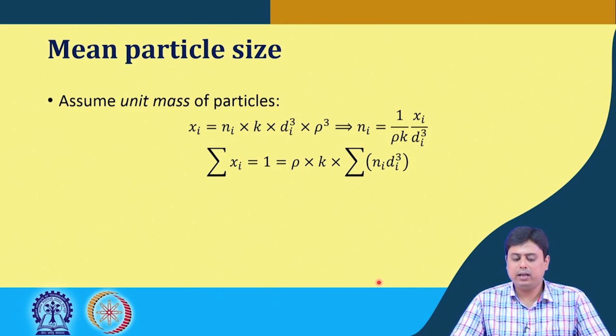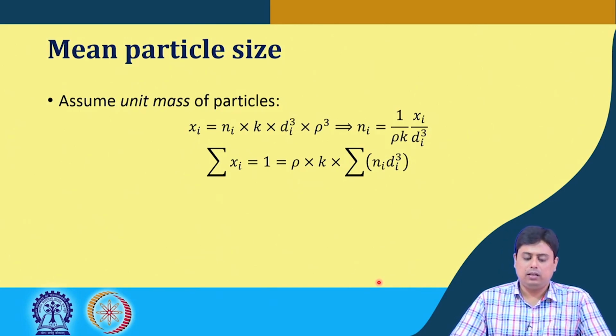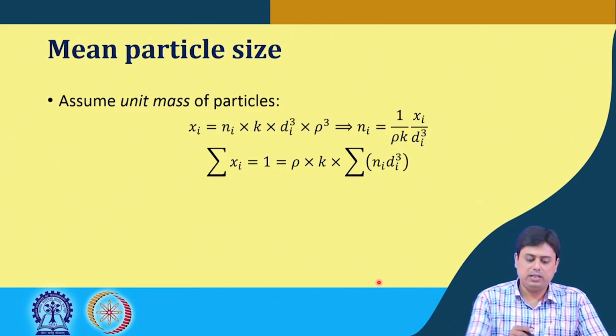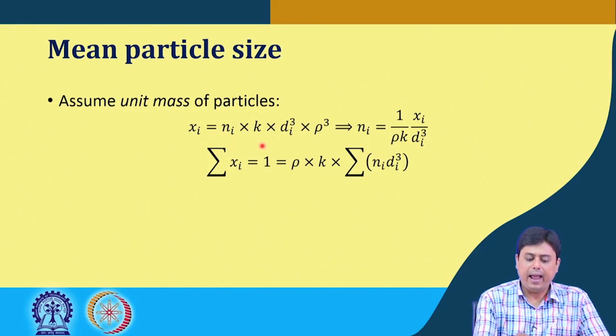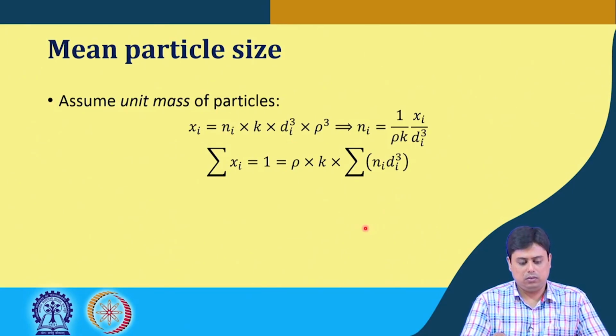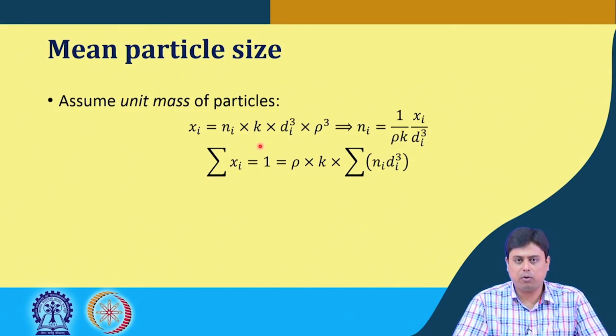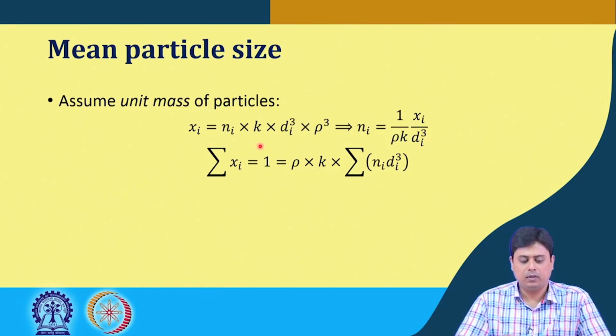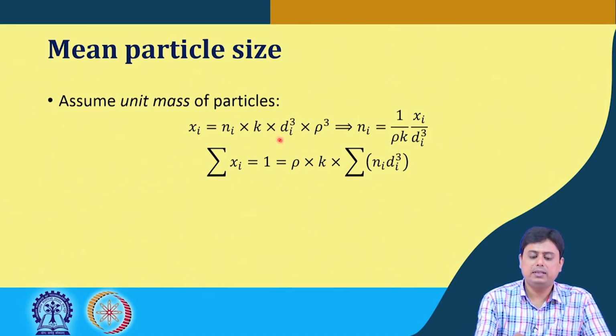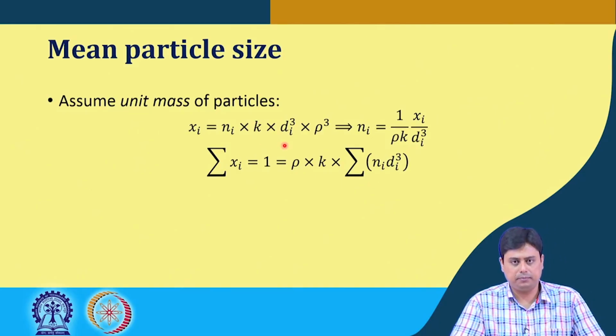So, x1 is nothing but the number of particles, n, times k d cubed, where k is a constant that depends on the shape of the particle. This whole term basically represents the volume of that particle.